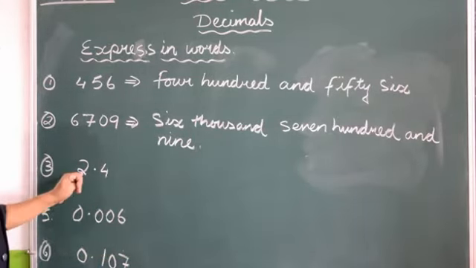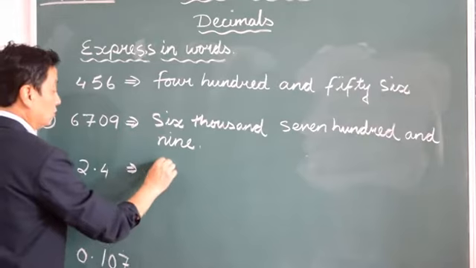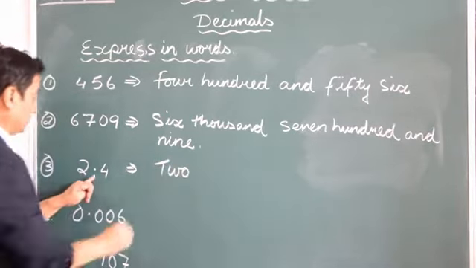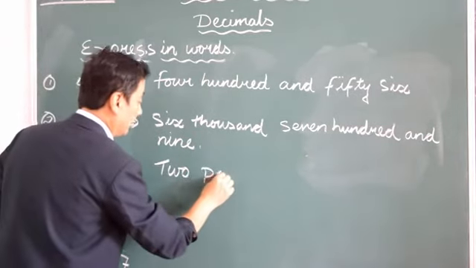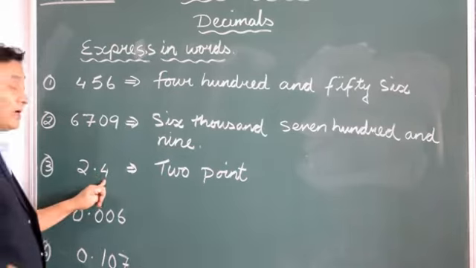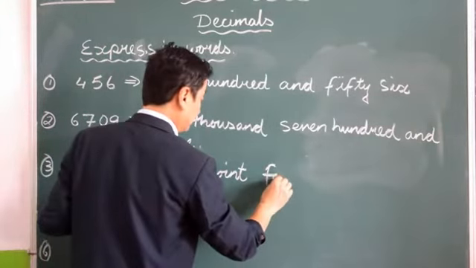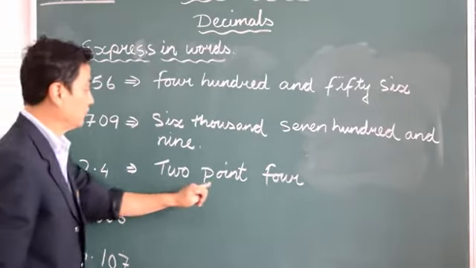Now we see numbers that have a decimal point. What do you see? The place value is ones, so 2. What do you see? Point, yes. You must write point also. Point, what do you see? 4. Again, 2.4, 2.4.